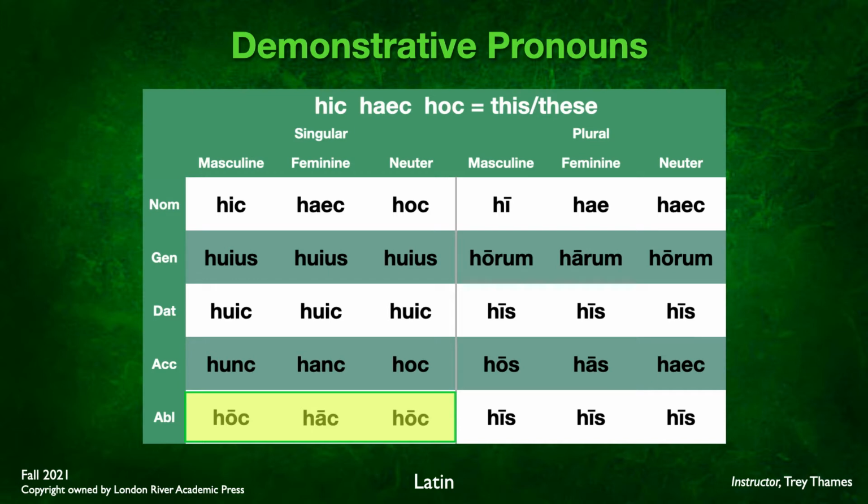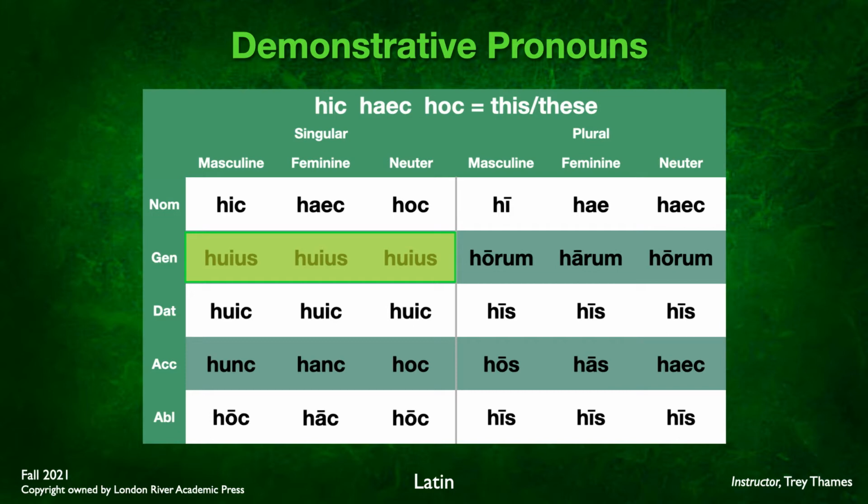First off, in the genitive, huius, huius, huius, the I is actually acting as a consonant rather than a vowel, and it's like a Y sound. And then in the dative, huic, huic, huic. Hunc, hanc, hoc in the accusative.